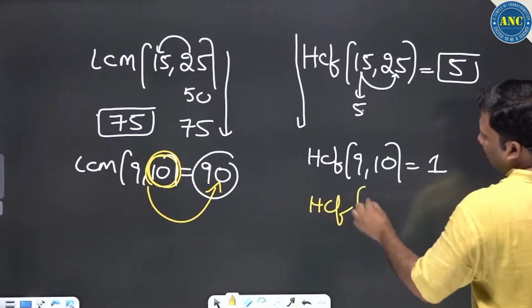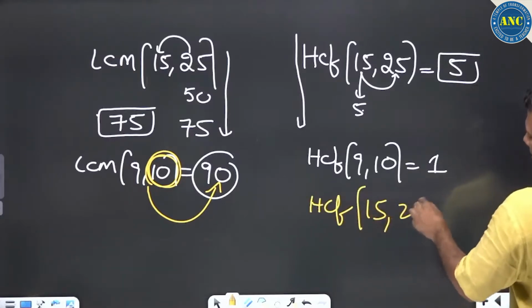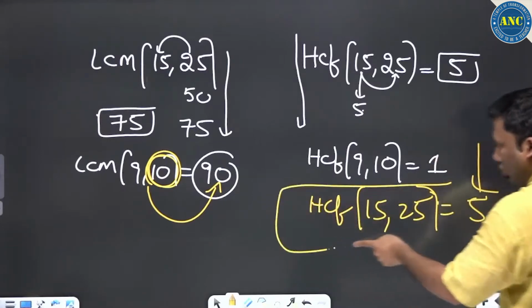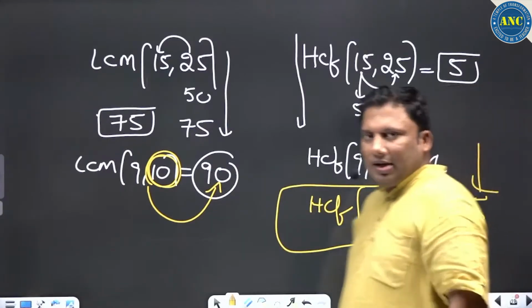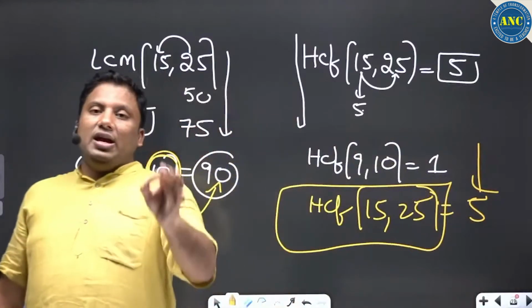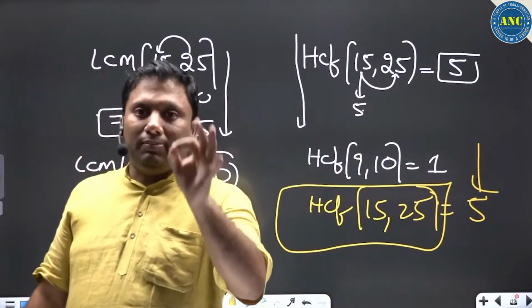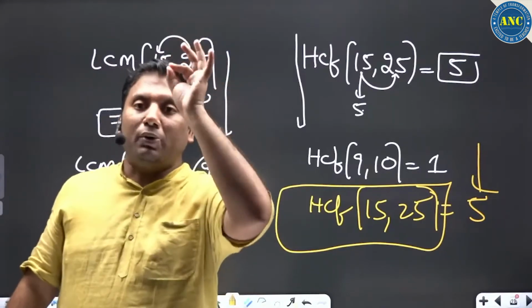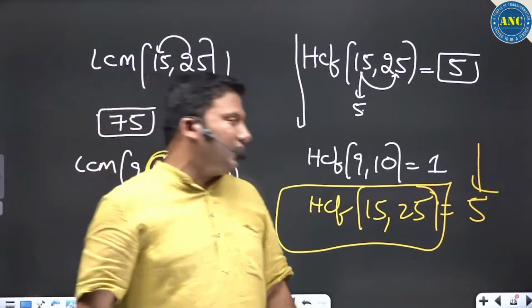But in HCF, if the answer is divisible by 5, all the numbers should be divisible by 5. In an HCF, if the answer is divisible by a number, every input number should also be divisible by that number.